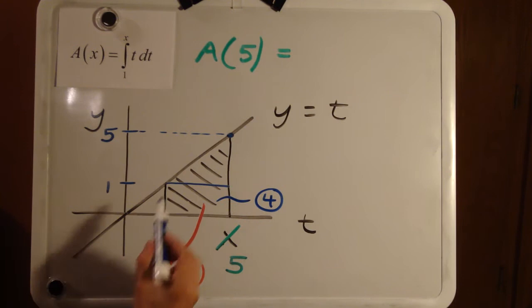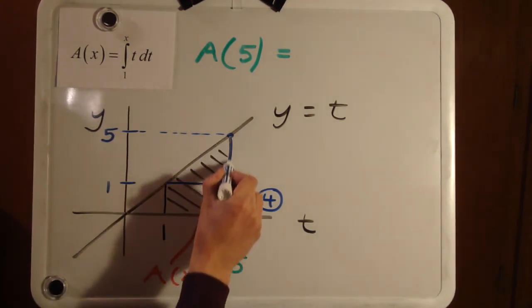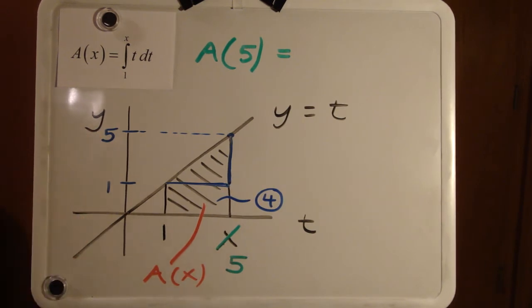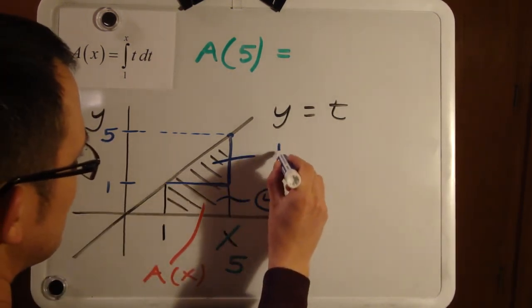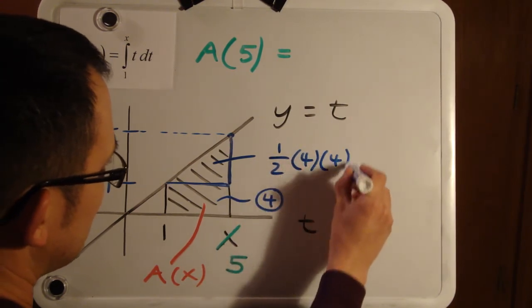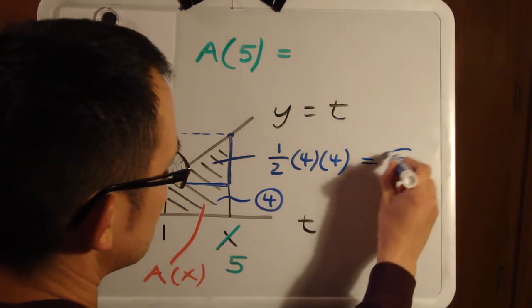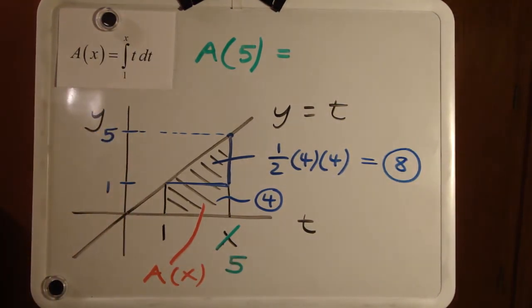And then the triangle on top, we have a base of 4, and then also the height is 4. So you can see it here, 5 minus 1. So here we could do 1/2 base times height. So 16 over 2, and we get an area there of 8. So we're done.